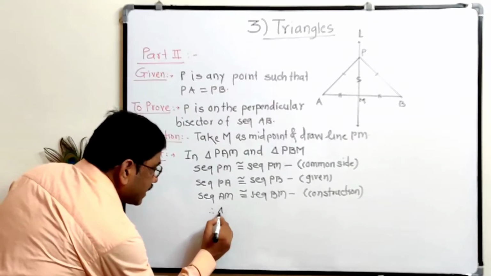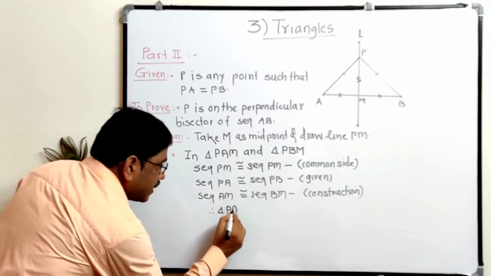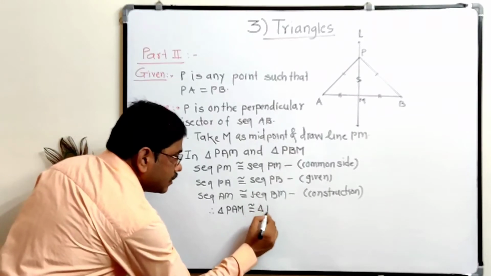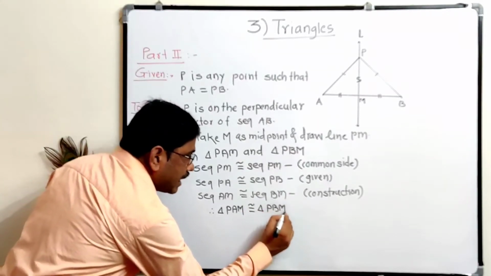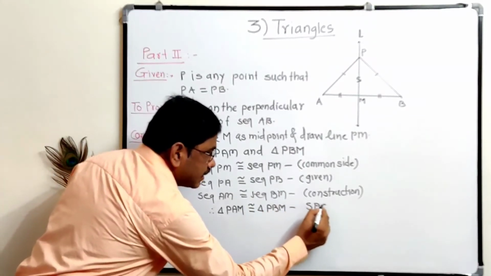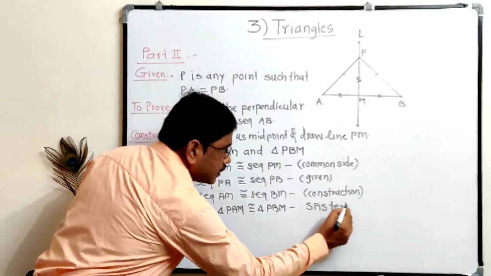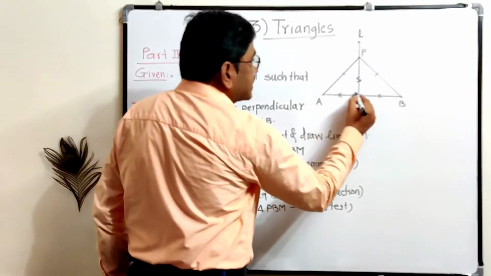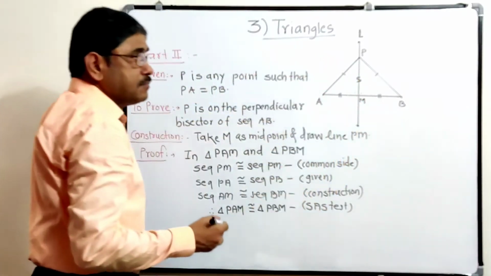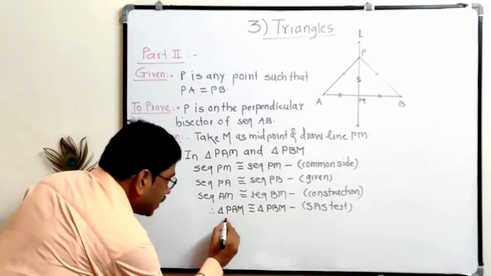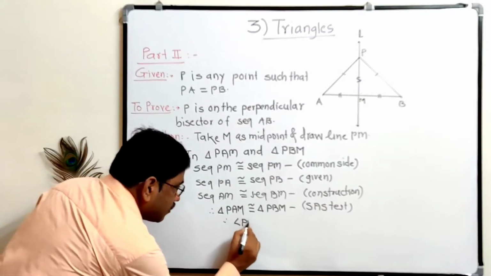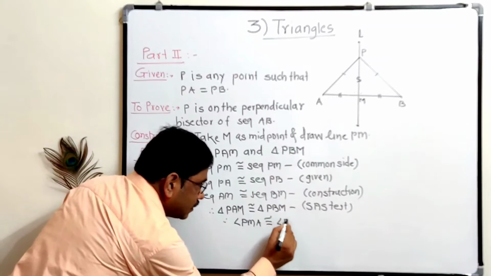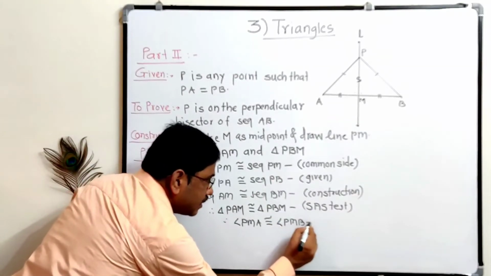Therefore, triangle PAM is congruent to triangle PBM by SSS test. You know, when two triangles are congruent, their corresponding angles, means angle PMA and PMB, are congruent. Therefore, angle PMA is congruent to angle PMB.